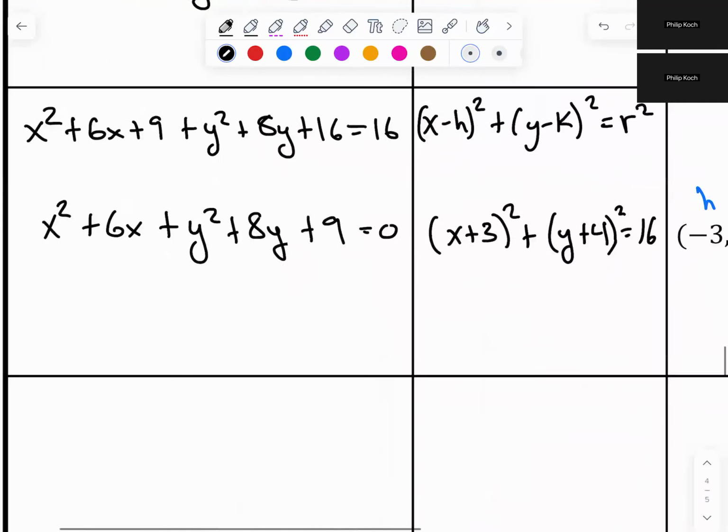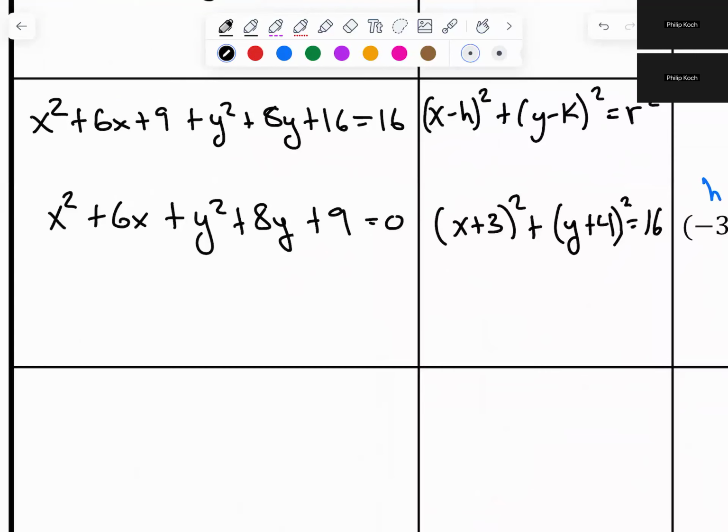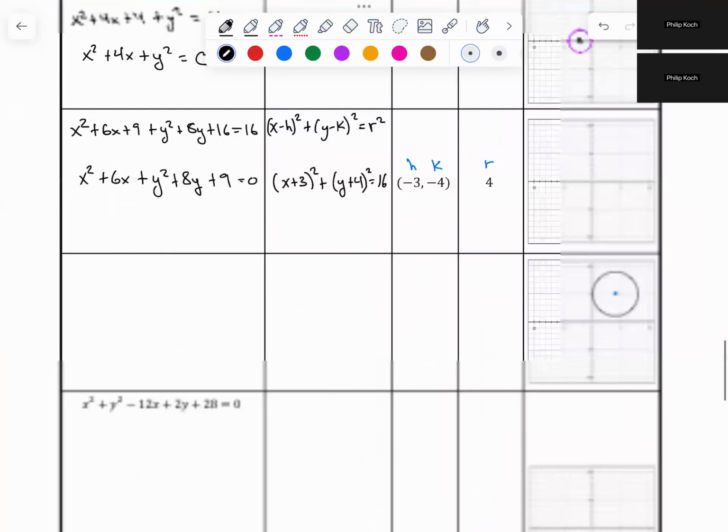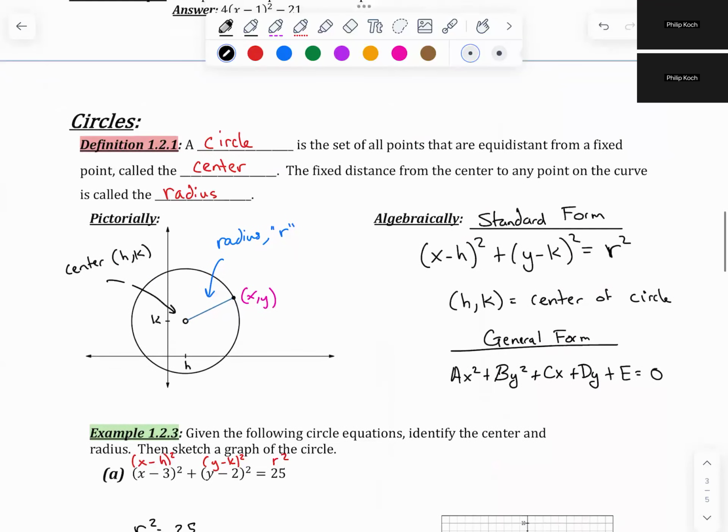So I did the x's first, then the y's, and then the number. It doesn't matter. Alex will accept either. I just thought it looked better to write the x's together and the y's together. But that is one of those things in mathematics. Some textbooks will say the general form is this. Other textbooks will say that it should be ax squared plus bx plus cy squared plus dy plus e. So they'll write it differently. It doesn't matter though because of the commutativity of addition.